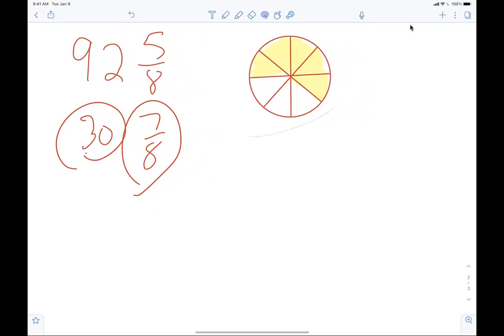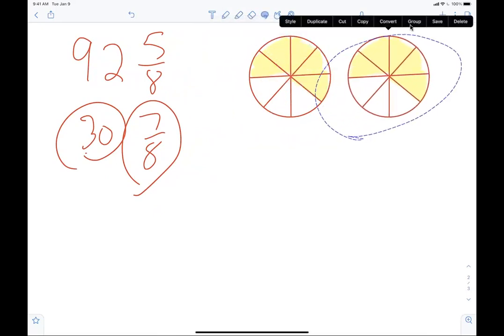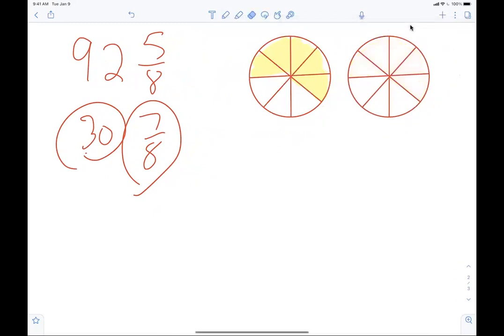So now what I'm going to do is I'm going to show you what that means. All right. So see, so I have now visualized 92. So I take one of the pizzas and I cut it into 8s, which is what I did on this one. Right. So now how many 8s do I have altogether?